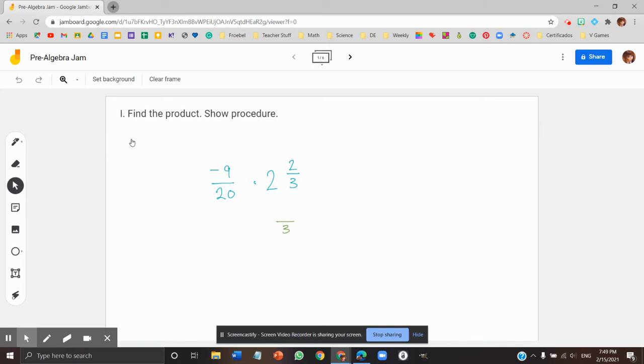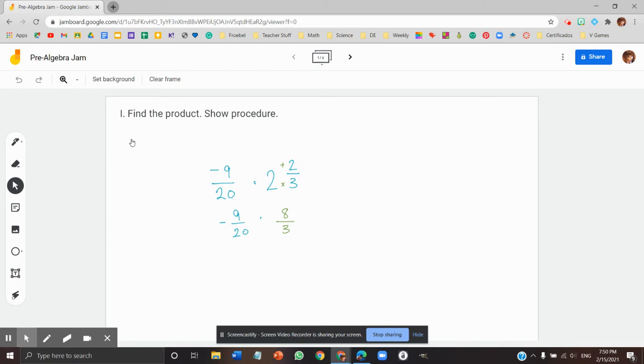And remember that you just have to multiply and add. So 3 times 2 is 6, plus 2 is 8. And there you have it. Now the other fraction is just going to stay the same, -9/20. Remember that that negative is for the whole fraction, not just the 9.